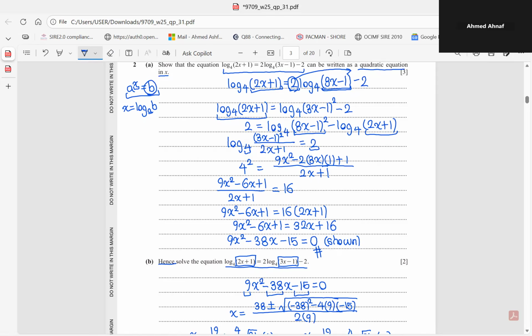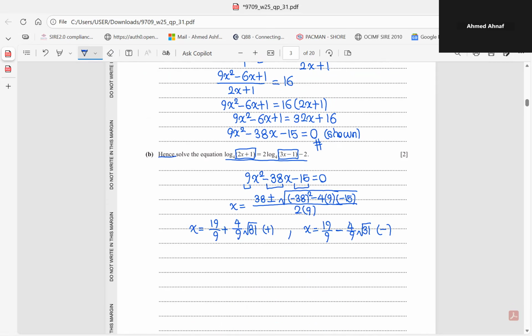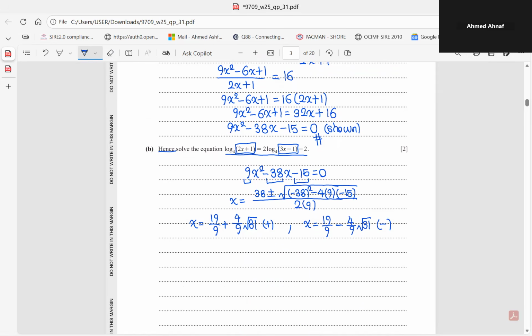And as you know, for any exponential, so 3 to the power of 2, 3 to the power of half, 3 to the power of -1, it is always more than 0. So we have to check whether, by substituting either of these, both of these will be more than 0.